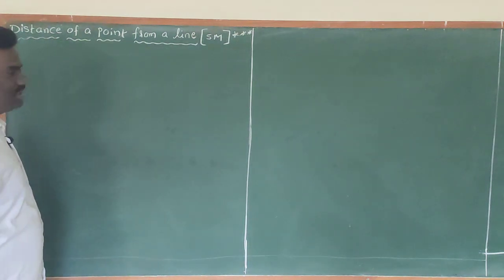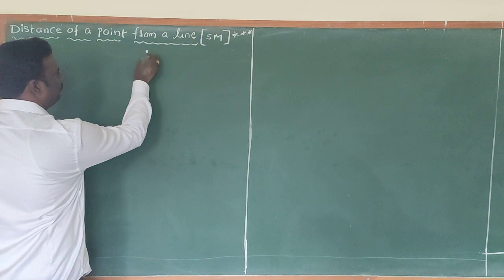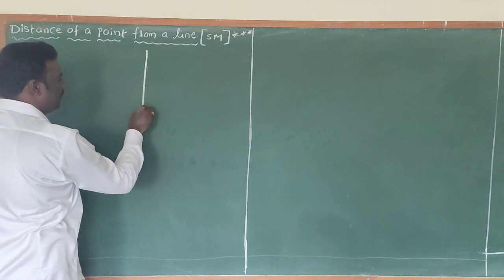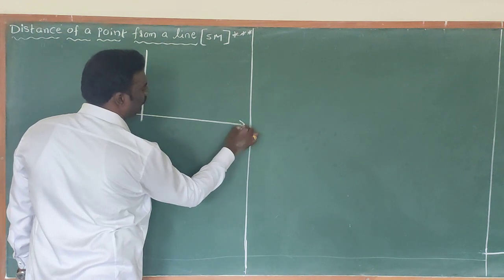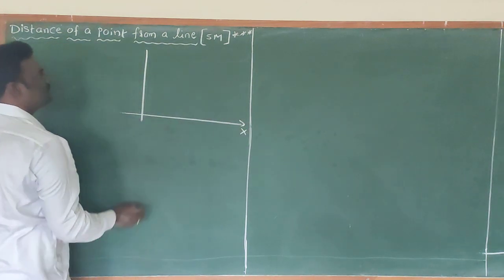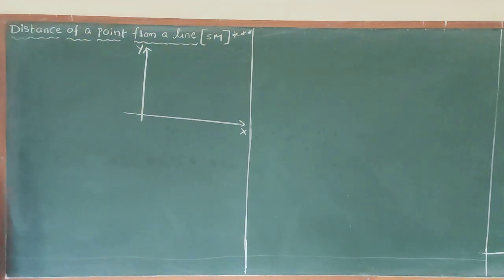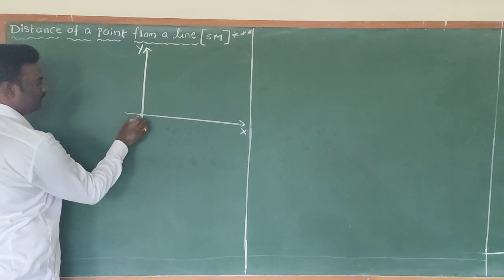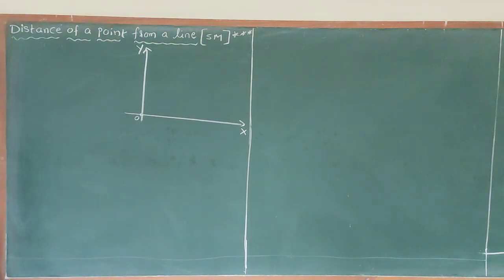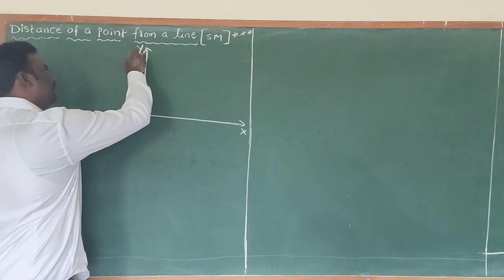Okay. First, we will draw the coordinate axes. X axis, y axis, and this is the origin. This is a straight line.